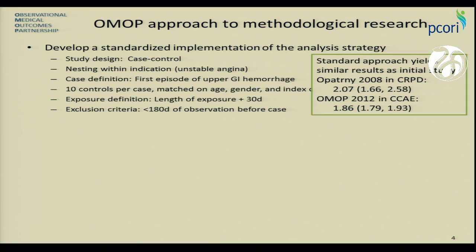In our particular case, our standard approach that we applied to a large U.S. administrative claims database yielded an estimate similar to those that the authors found for clopidogrel and GI bleeding, where we observe a 1.8 with a narrow confidence interval, due in large part to our larger data sample size.